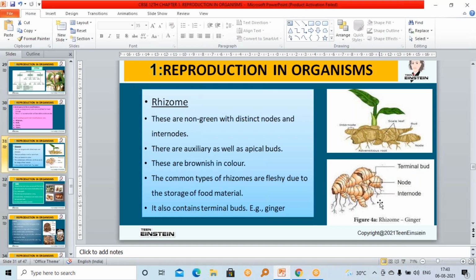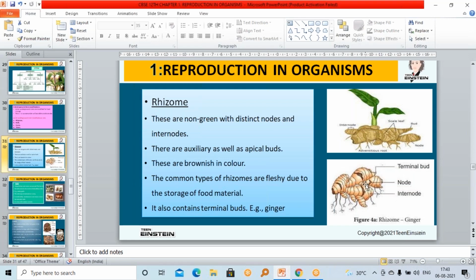The first one is rhizome. You can see the underground stem modification in the picture. First I will tell you an example for rhizome, then think about its structure, and it will be easy for you.